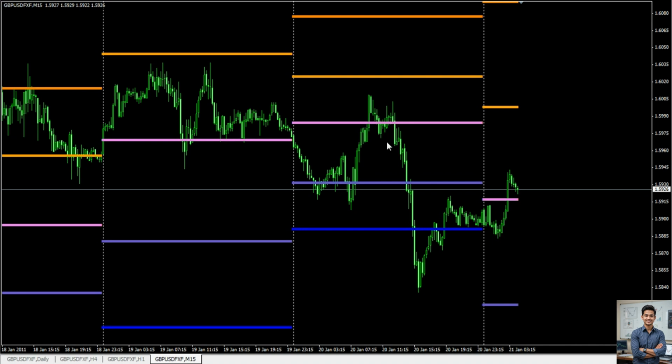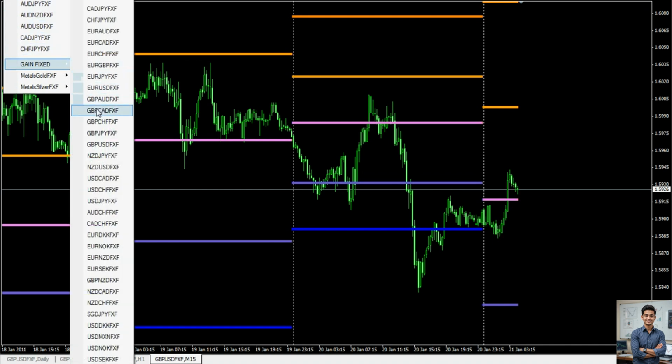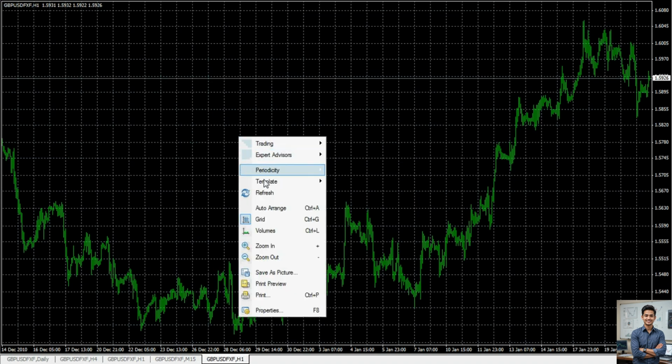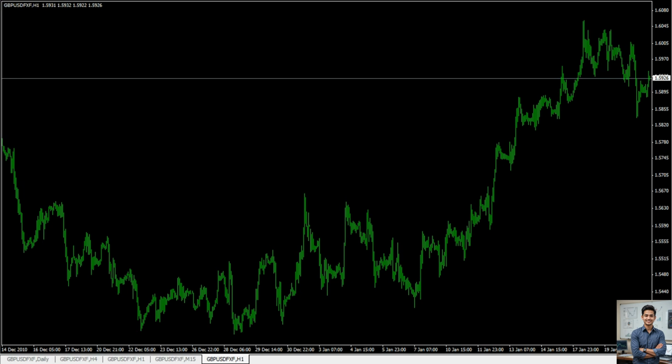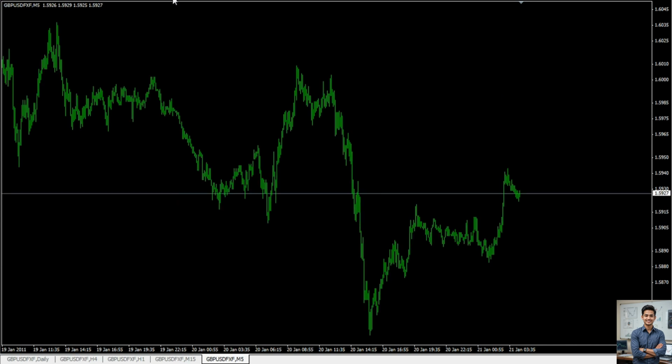Okay, so what we're going to do is we're going to add one more chart just for clarity's sake. We're going to add a 5-minute chart because it's going to allow me to illustrate how I traded this setup. Okay, candle, and a 5-minute.